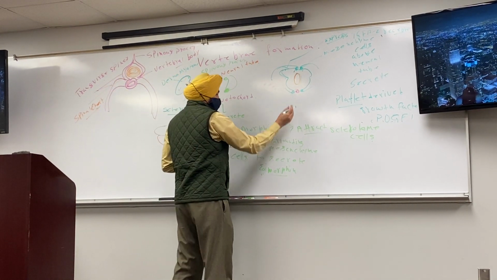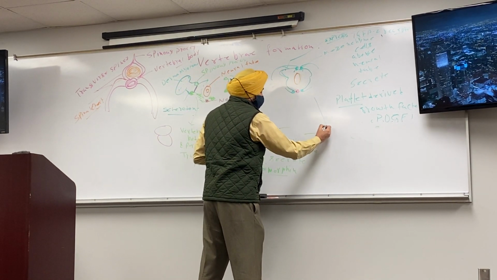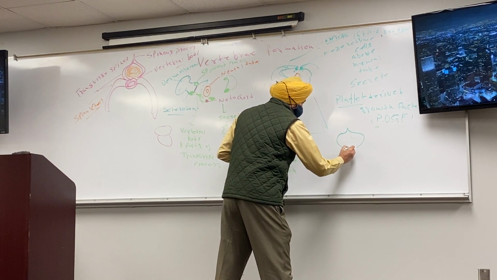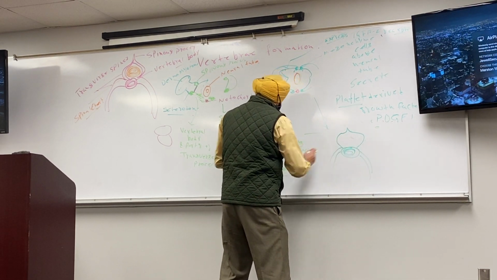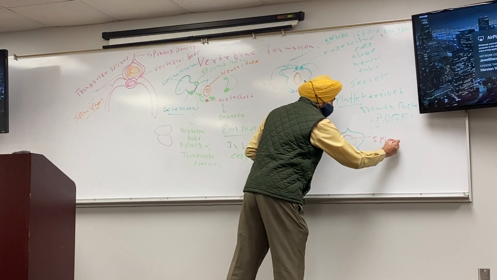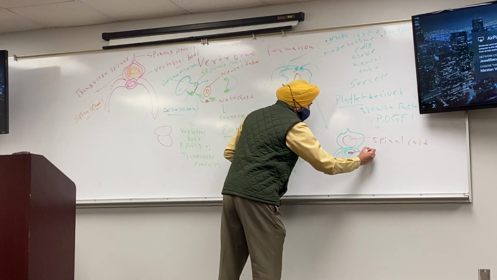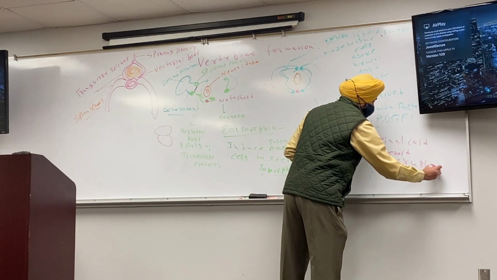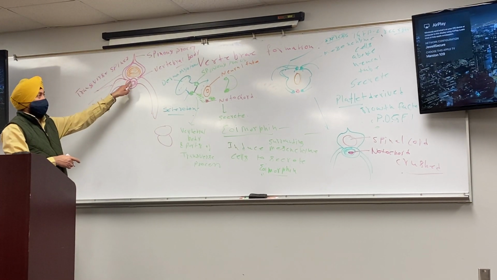So they essentially form a structure like this, and you will have your spinal cord surrounded there. And here is your notochord, and that notochord is actually crushed. So they form this structure, what we call the vertebral body.